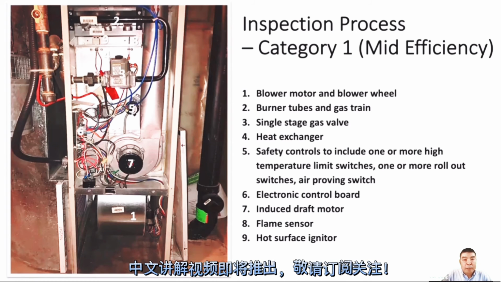But the mid efficiency furnace uses a hot surface igniter or a spark; sometimes we see a spark igniter. Only when the thermostat calls for heat will the igniter be on.